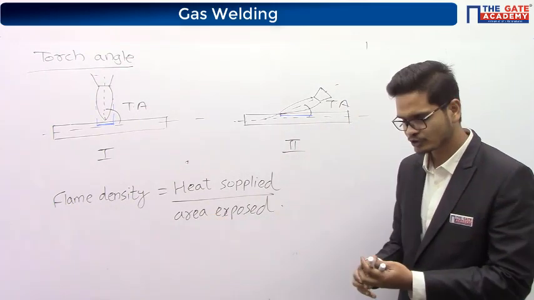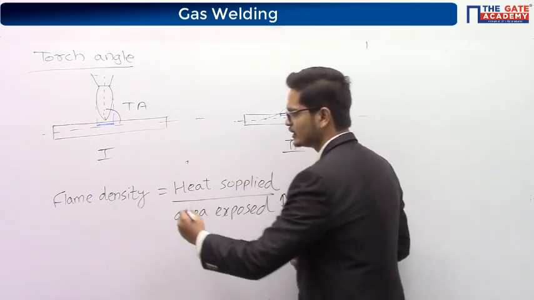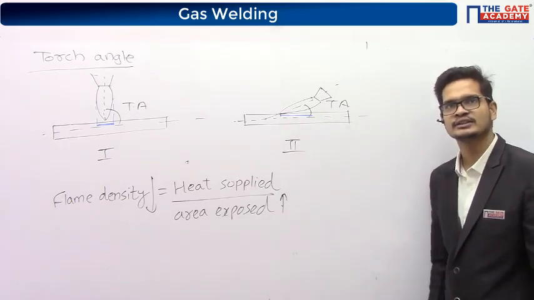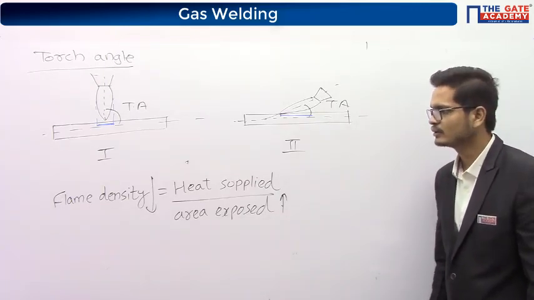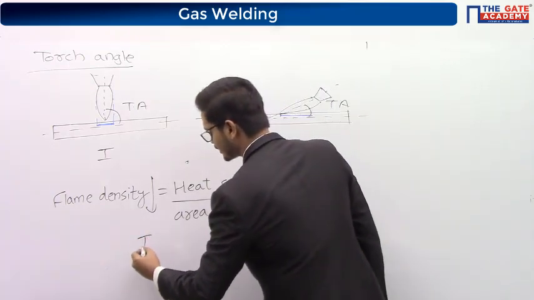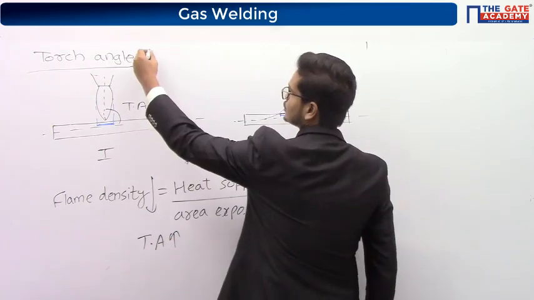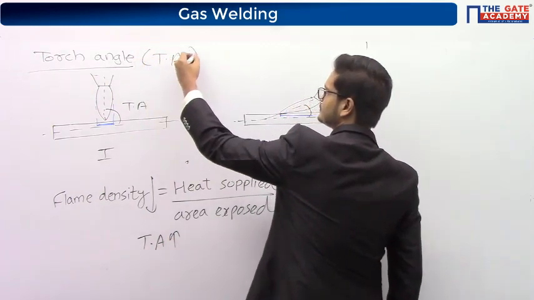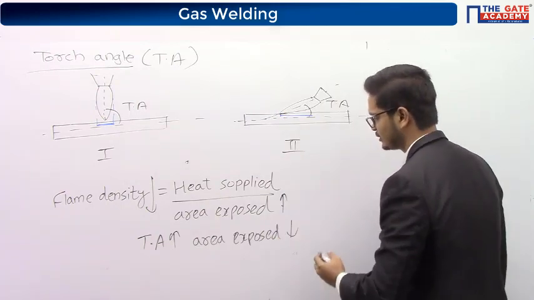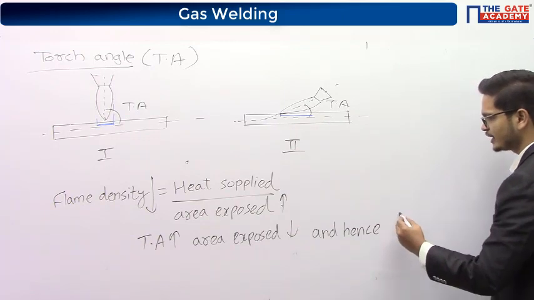If area exposed is high, the flame density is less. So you can say as the torch angle, I am writing as TA, increases, area exposed decreases and hence the flame density increases.